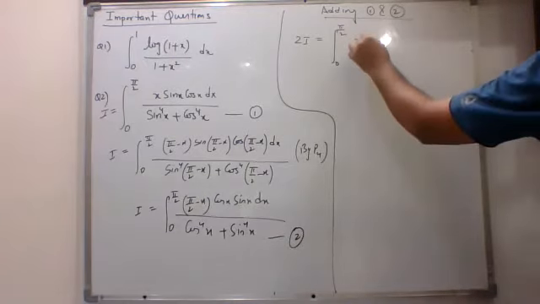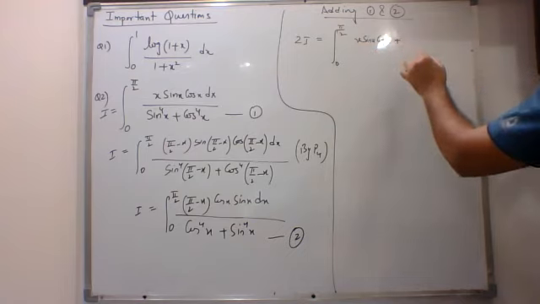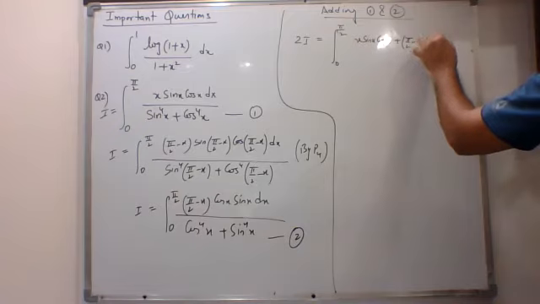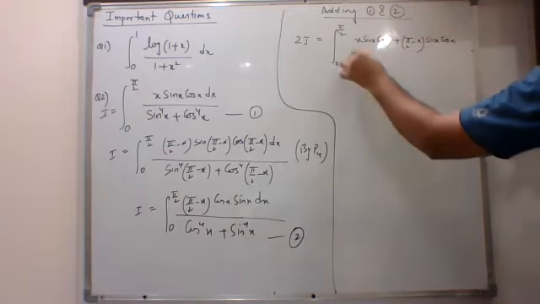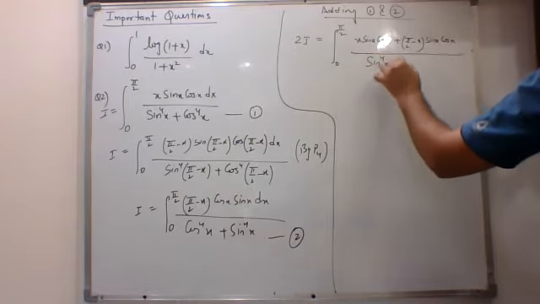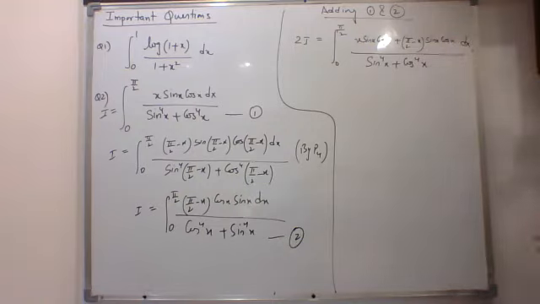So when you write it, it will be x sin x cos x plus pi by 2 minus x sin x cos x, whole upon sin to the power 4 plus cos to the power 4. So this is by adding these two terms 1 and 2.